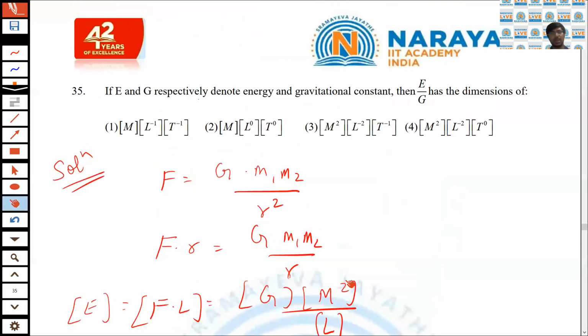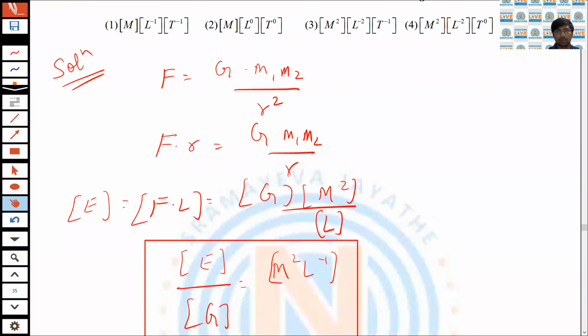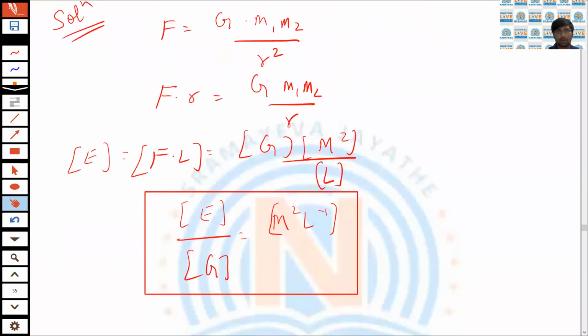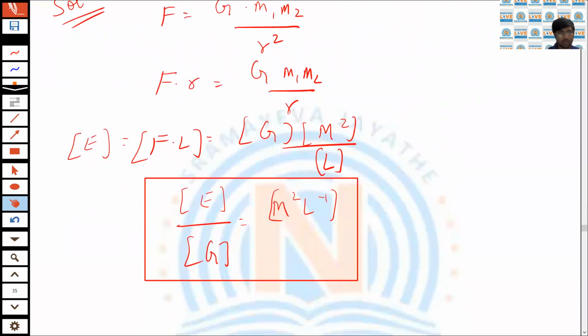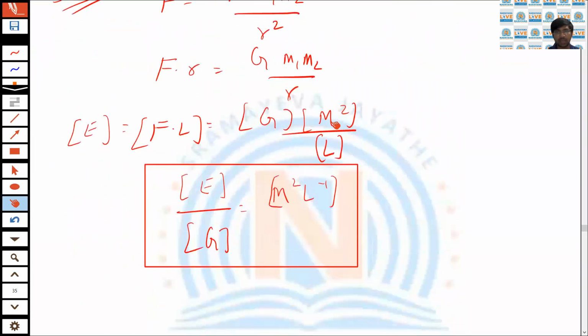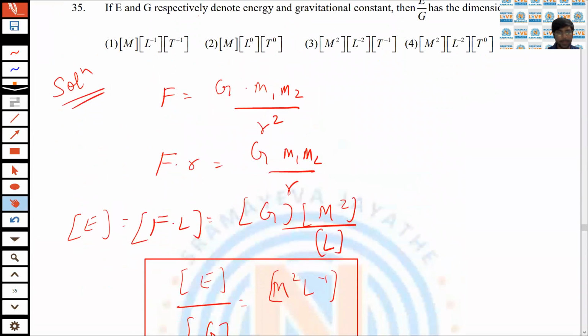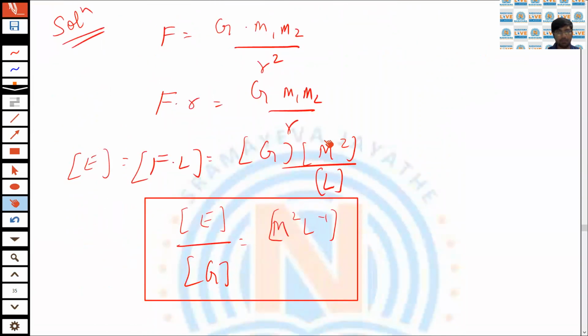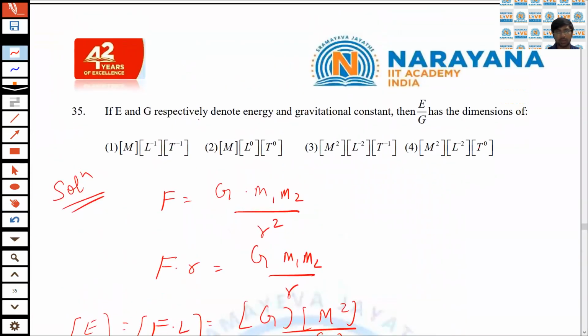So from here we get the correct option, it has to be m square L minus 1. This is not minus 2, this is minus 1. So this is the fourth option.